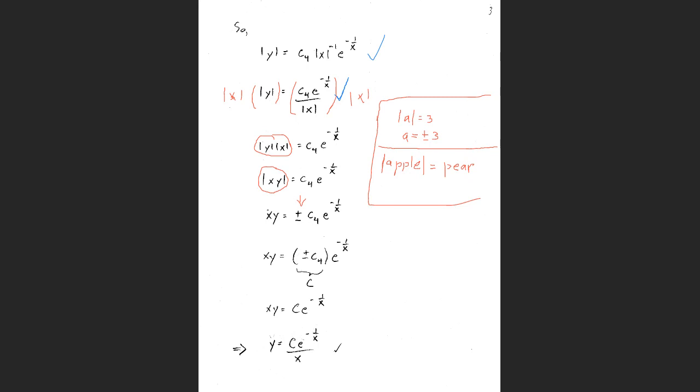Okay, absolute value of an apple equals a pear. Well, what would the apple then have to equal? Good. Plus or minus pear. Plus or minus 4, okay.